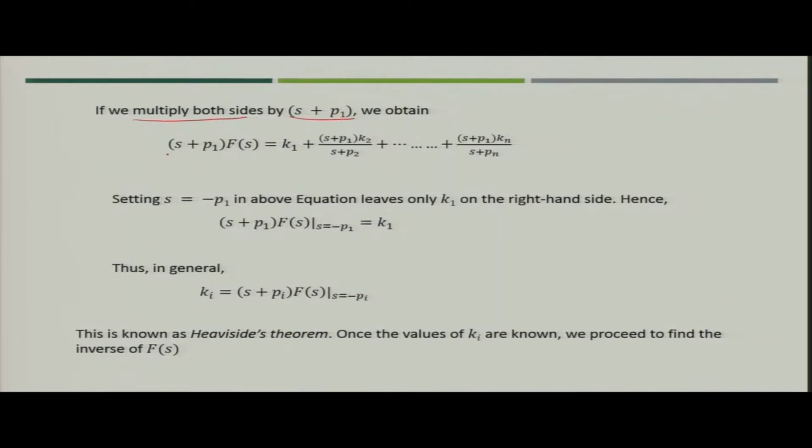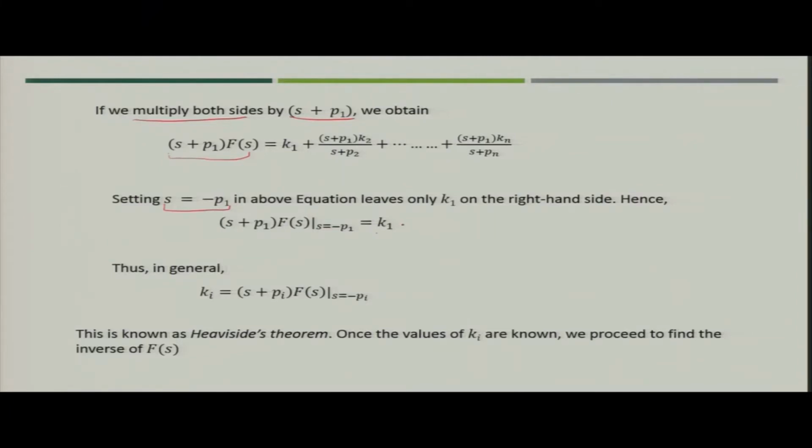When you multiply, this becomes (s+p1)F(s) equal to a constant term k1 plus the other terms where (s+p1) would be in the numerator. Now, if you set s equal to minus p1 on both sides, the right side terms other than k1 become 0. So, you can simply say that the value of k1 is nothing but (s+p1)F(s), the whole product evaluated at s equal to minus p1.